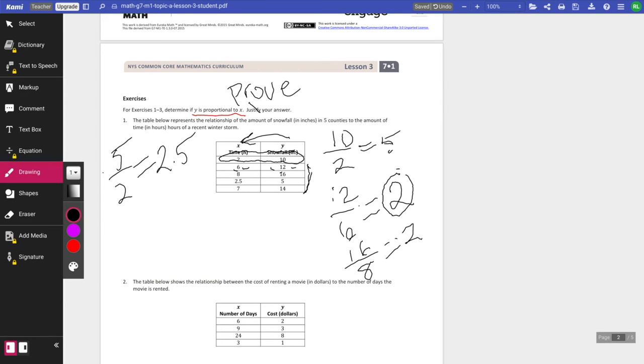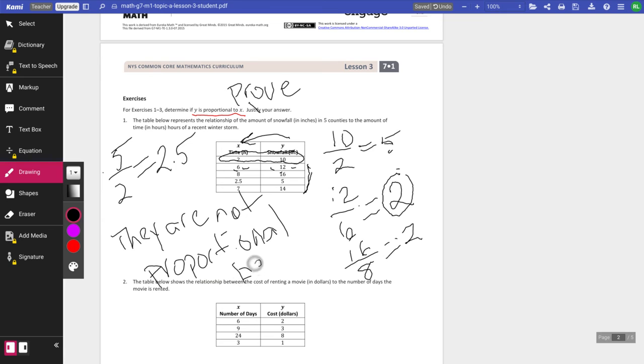Okay, so these are not proportional, because we have one data set that doesn't match. All right, let's go on to the next one here.